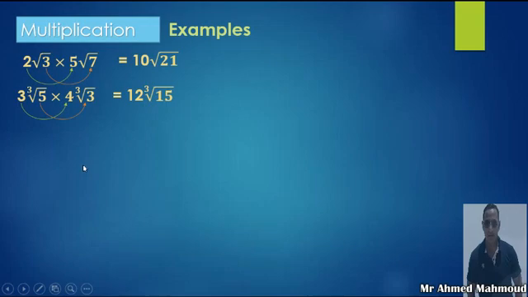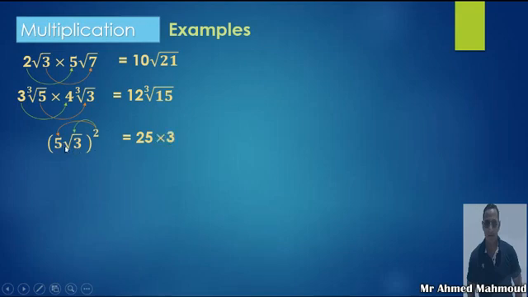Okay, another example. If we have 5 root 3 all to the power of 2, in that case, to expand this bracket, I'm going to distribute the power among the numbers inside the bracket. Okay, I'm going to give power 2 to 5, which is equal to 25. 5 to the power of 2 equals 25, and I'm going to give power 2 to root 3, which is equal to 3.